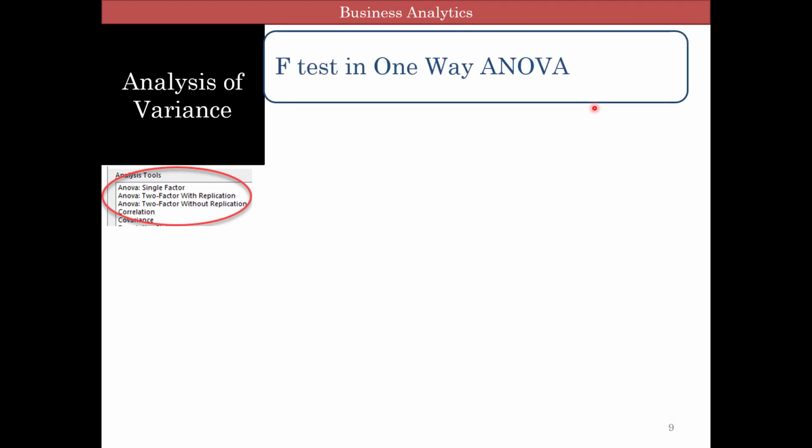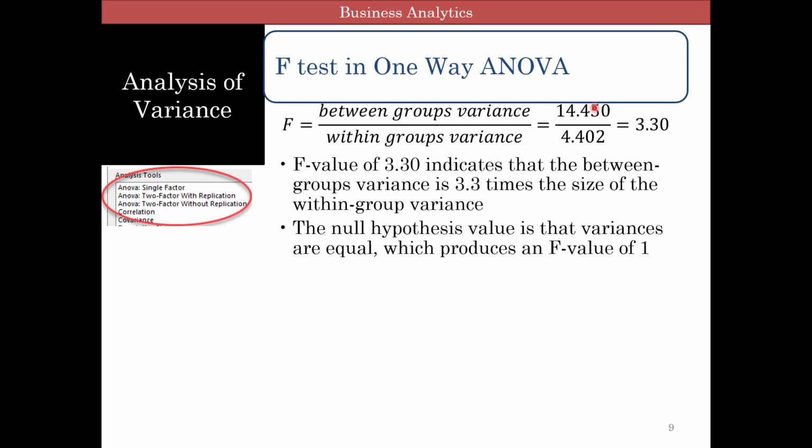All right, so F test in one-way ANOVA. Here, and we talked about it, the F value is 3.3, indicates that the between group variance is 3.3 times the size of within group variance.